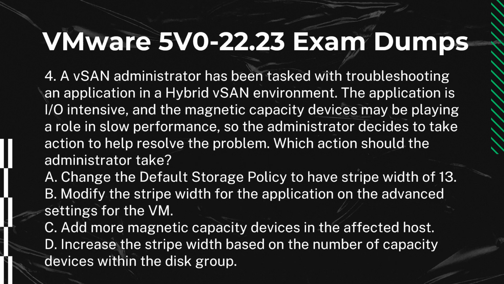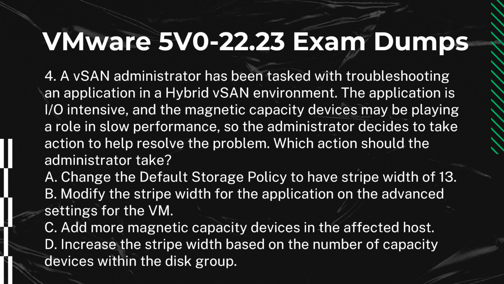4. A vSAN administrator has been tasked with troubleshooting an application in a hybrid vSAN environment. The application is I/O intensive, and the magnetic capacity devices may be playing a role in slow performance, so the administrator decides to take action to help resolve the problem. Which action should the administrator take?